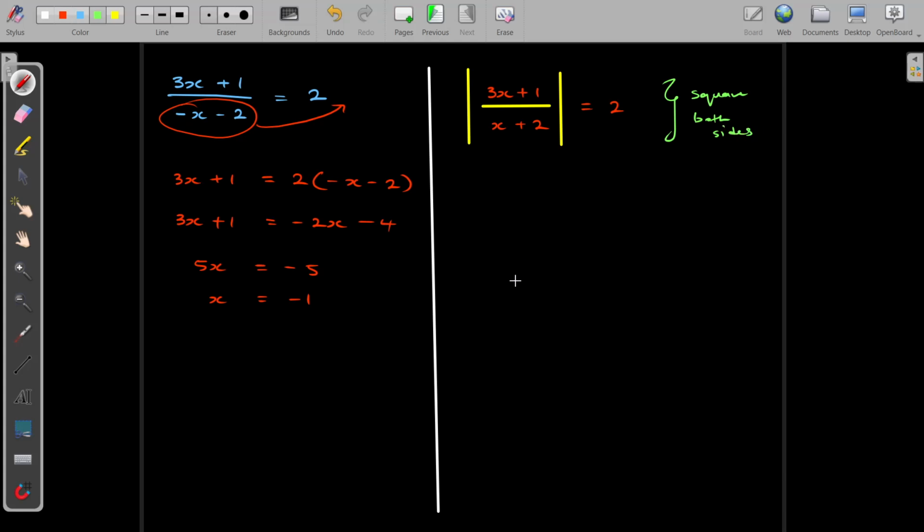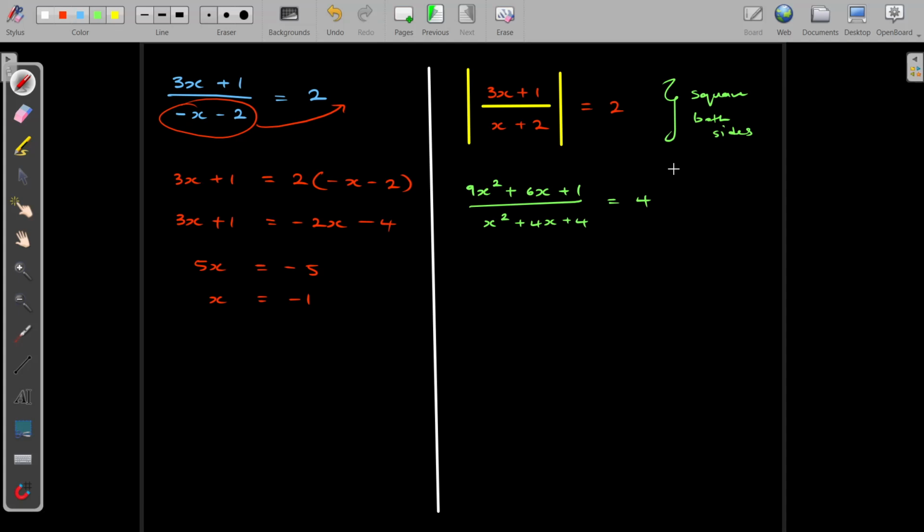So when we square the left hand side, we end up with 9x squared plus 6x plus 1 over x squared plus 4x plus 4, and that is equal to 4 because we're squaring both sides.